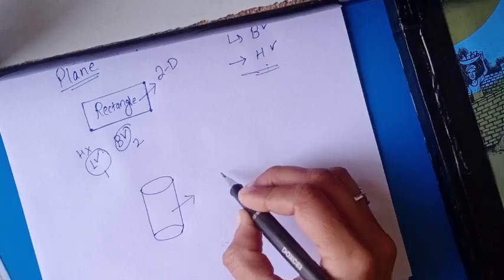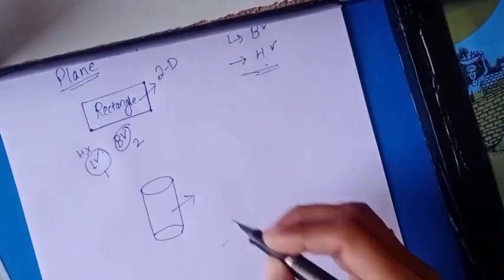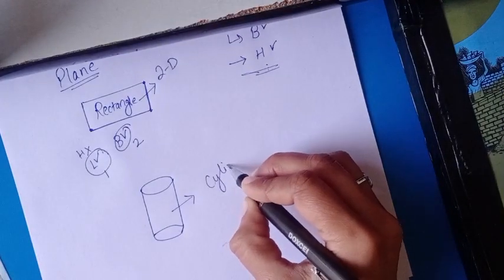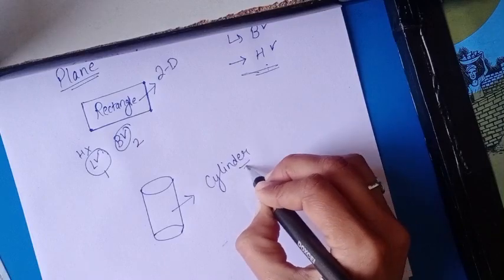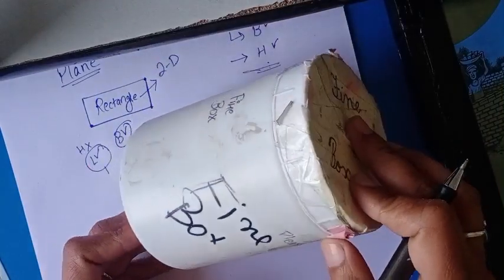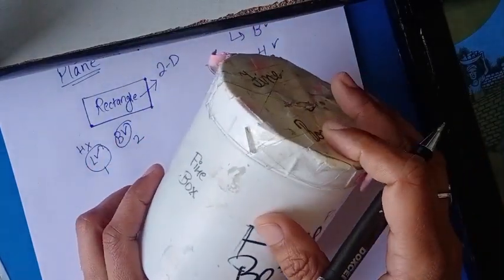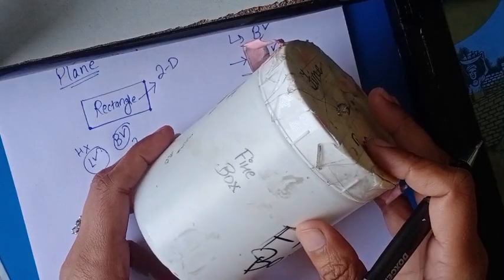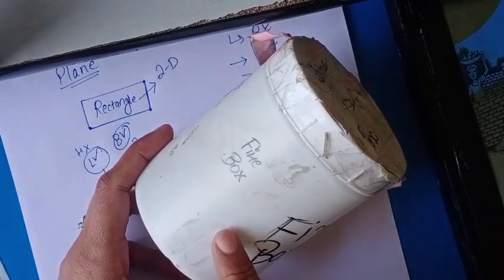This figure is a cylinder. Suppose this box is of which shape? Cylinder shape. How can we tell that this shape is a cylinder?